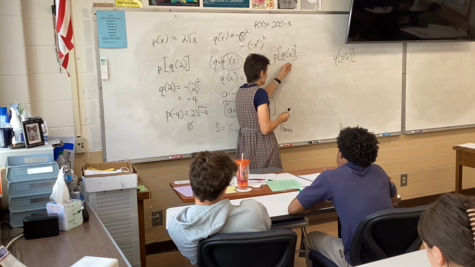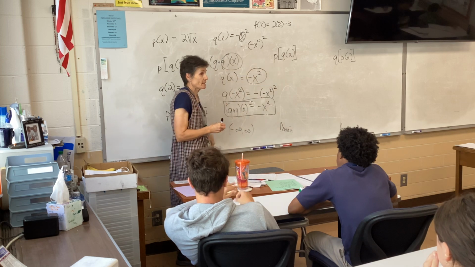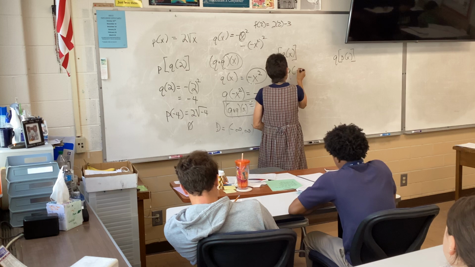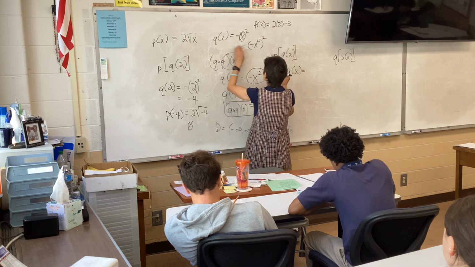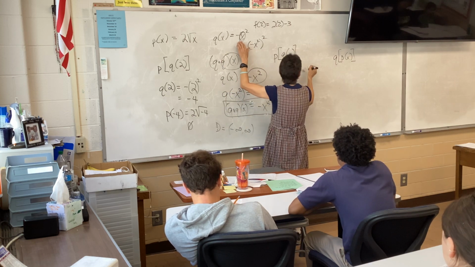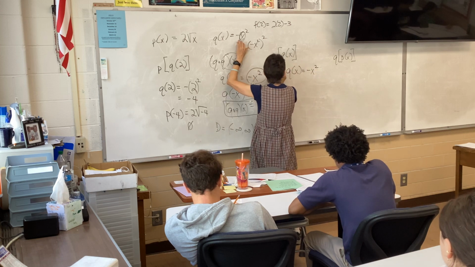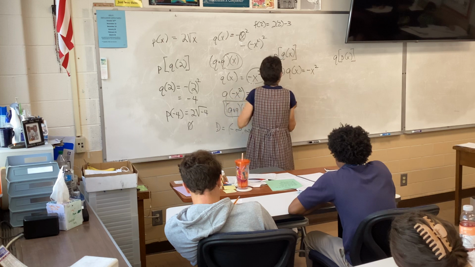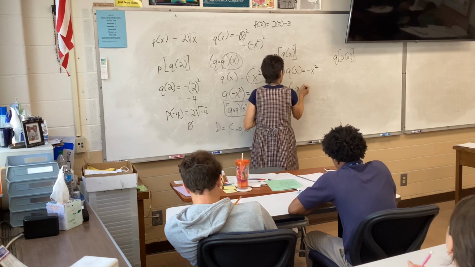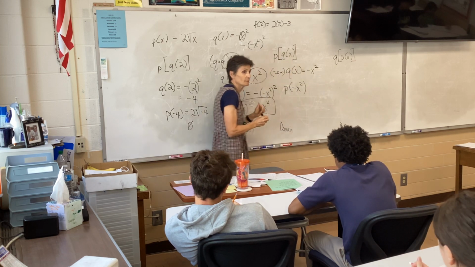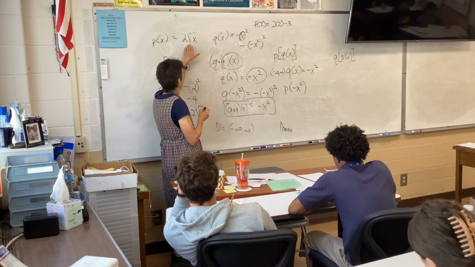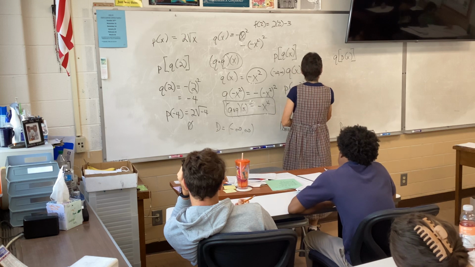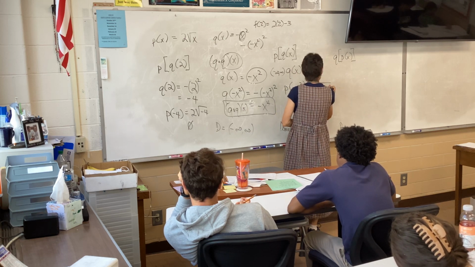All right, let's try this one. I clear it up a little bit. Where do I start there? I start with my Q function. What's the domain of my Q function? All right, I'm going to keep track of that over here. Now I'm going to take that and plug it into my P function. So I'll have 2 square root negative x squared.